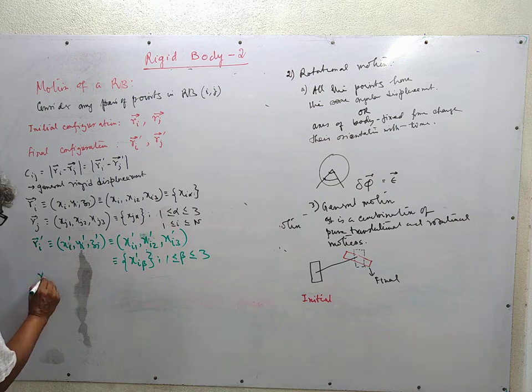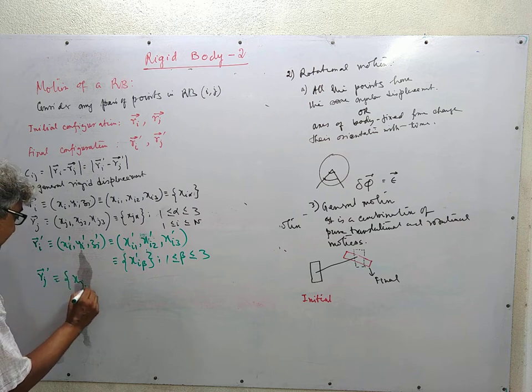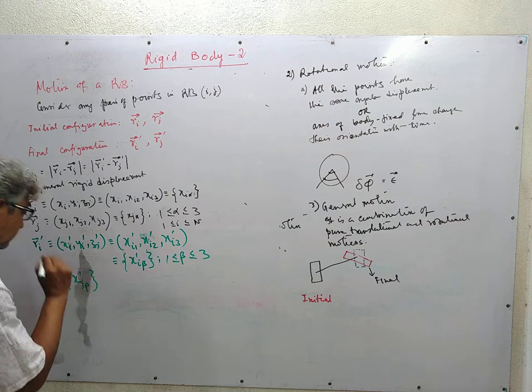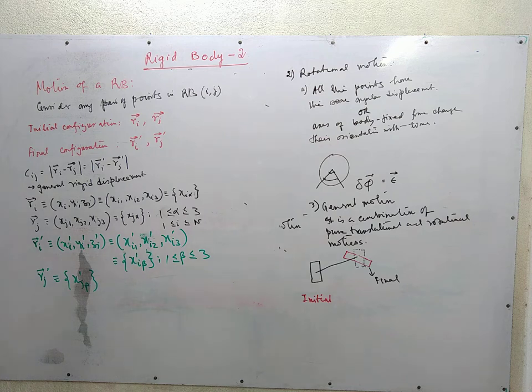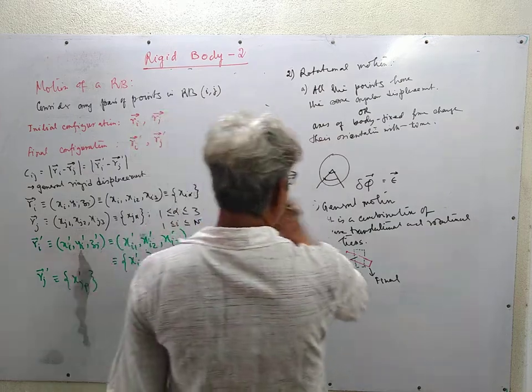Similarly, Rj prime is a combination of xj beta prime. So these are the simplified notations. Now, what is Cij square?